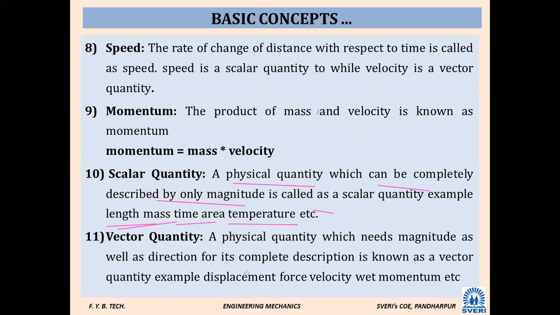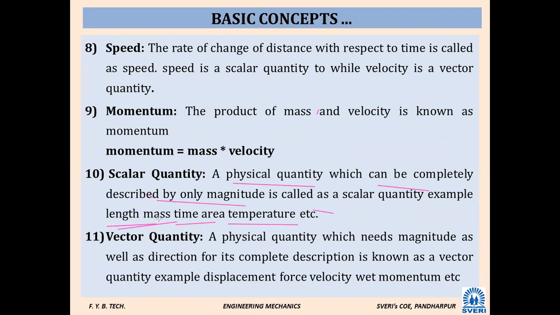Here, length means what? We are telling only the magnitude, not in which direction it is. A physical quantity completely described by only magnitude. For mass, how many kg of rice is there, how many kg of sugar is there; we are measuring only the mass, only magnitude, not direction.